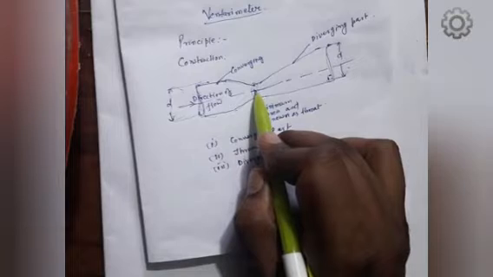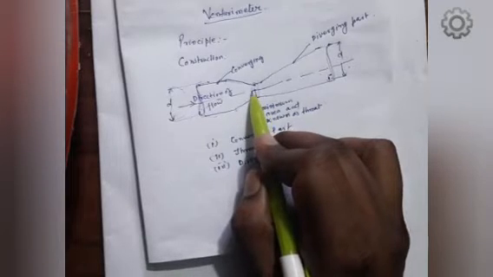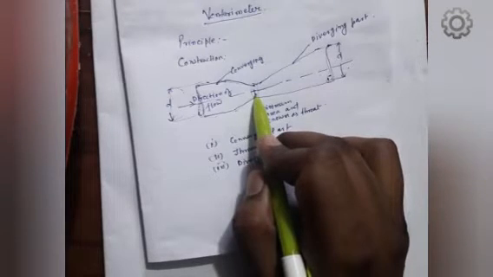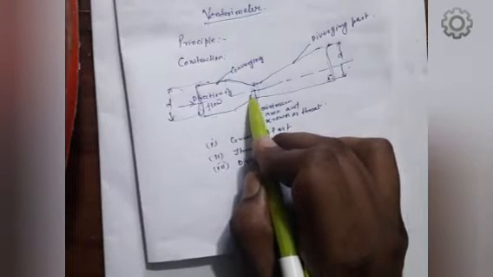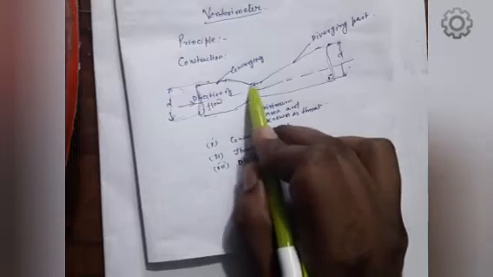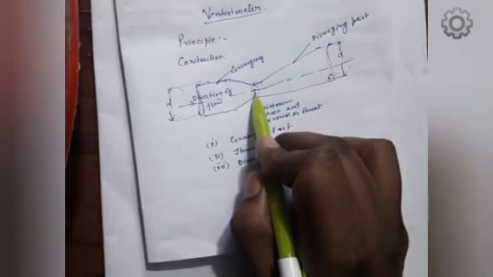From the continuity equation we know that when area is reduced, the velocity increases and pressure drops. So using Bernoulli's equation, we can find out the pressure drop, and with the help of that we can find the discharge. So it is a direct application of Bernoulli's equation.